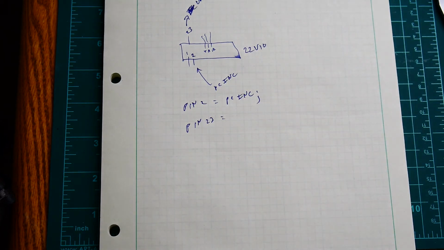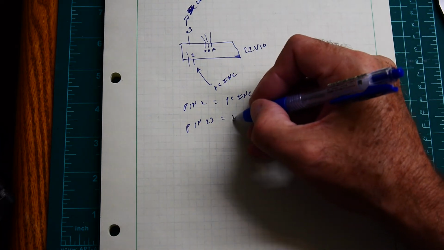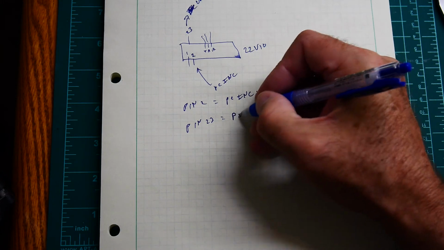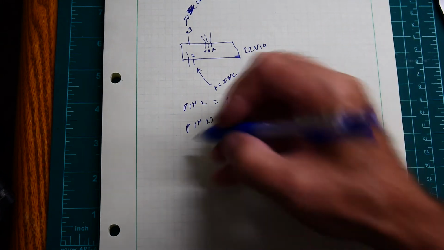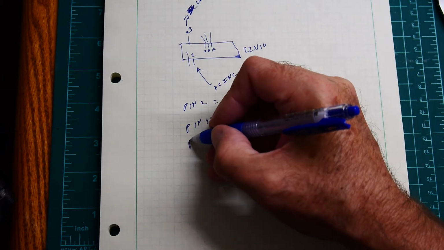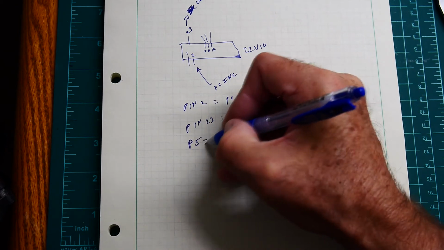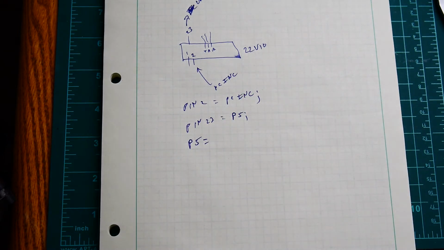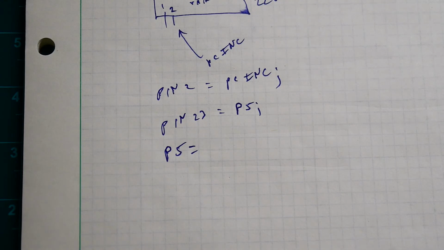I'll look across. I called it P5, just phase 5. P5. And then we're going to define P5. P5 equals, let me zoom in on this a bit so you can read it.